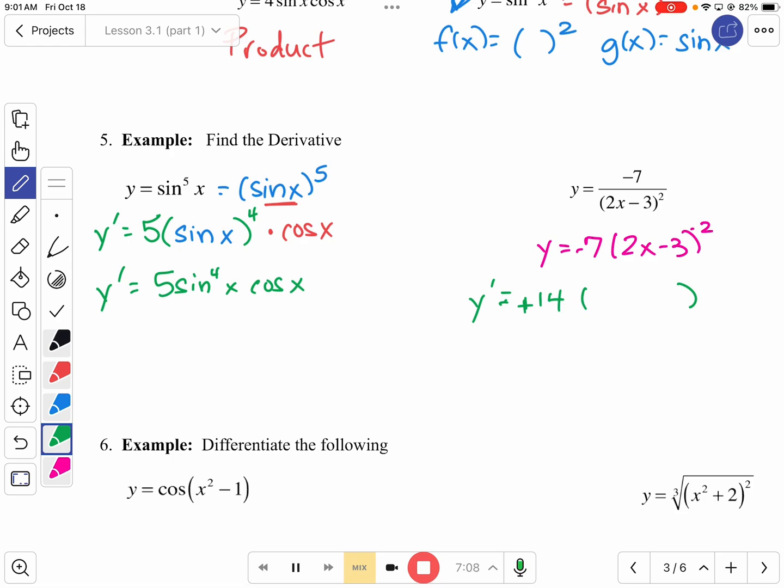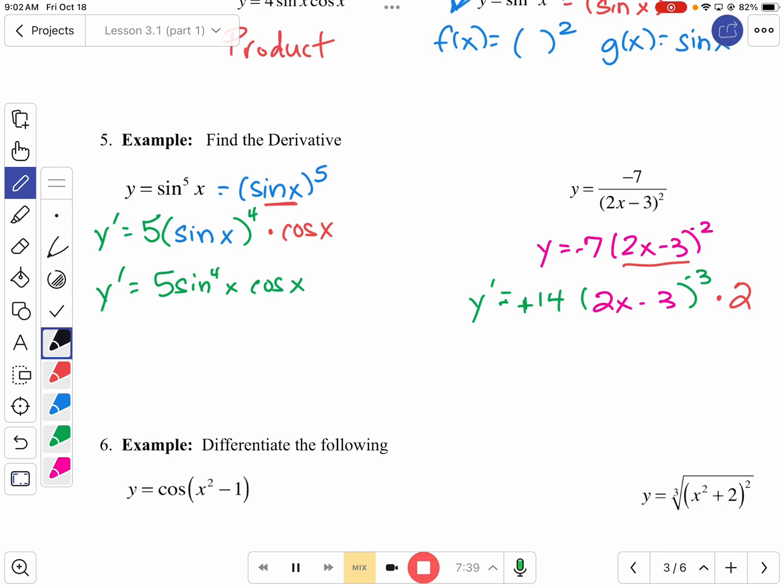Now, think about it. If I have something to the negative 2 power, I subtract 1. What power is it going to be now? Negative 3. Good. We're going to keep that 2x minus 3 on the inside. Now, let's take the derivative of the inside. What's the derivative of 2x minus 3? 2. So that's all the pieces of my derivative. Now let's combine it and make it pretty.